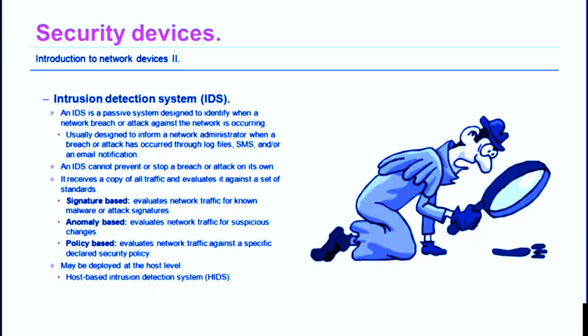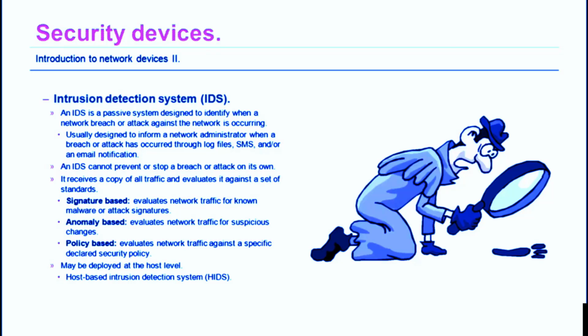Then there is the Intrusion Detection System, the IDS. An IDS is a passive system designed to identify when a network breach or attack against the network is occurring. They're usually designed to inform a network administrator when a breach or attack has occurred, and it does this through log files, text messages, and/or email notifications.